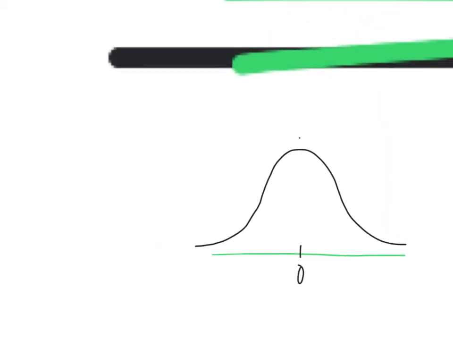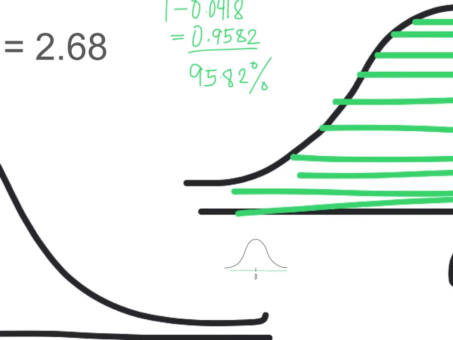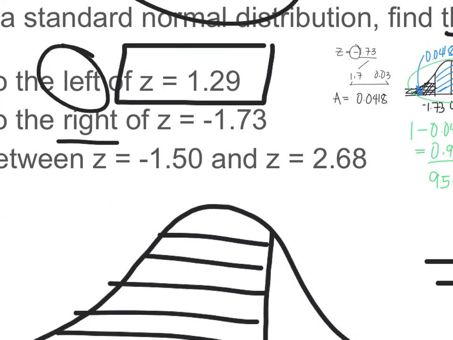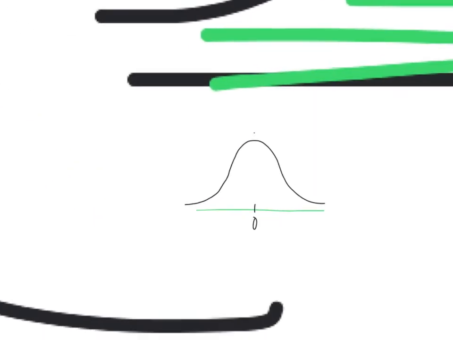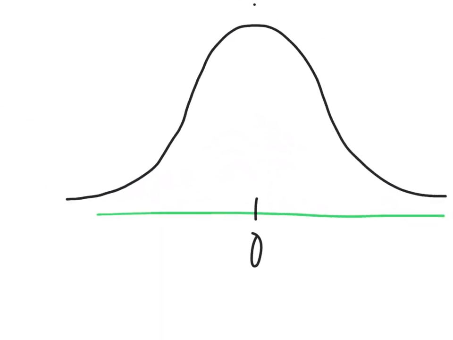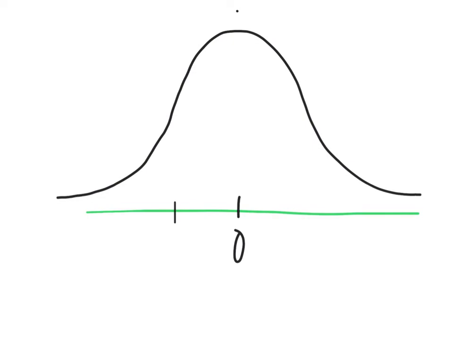The numbers concerned are negative 1.50 and 2.68. Negative 1.50 is on the left of 0. If this is negative 1 and this is negative 2, then negative 1.50 is somewhere here.